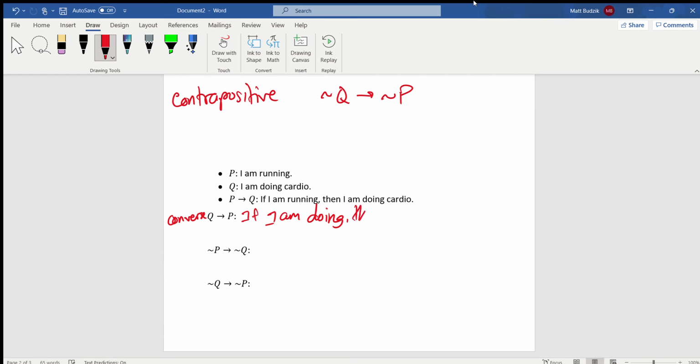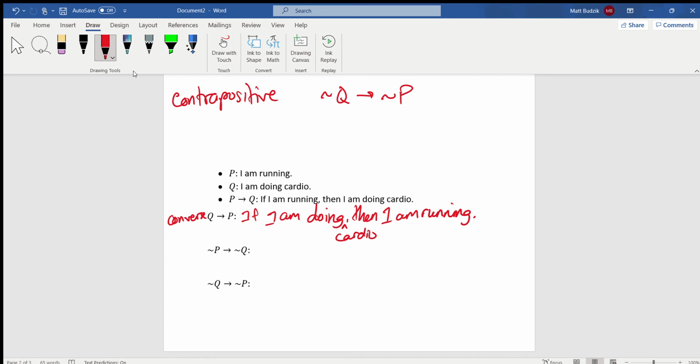And is that necessarily true? No, it's not necessarily true. Why not? Again, because we have all of the different kinds of cardio exercises that are not running, right?